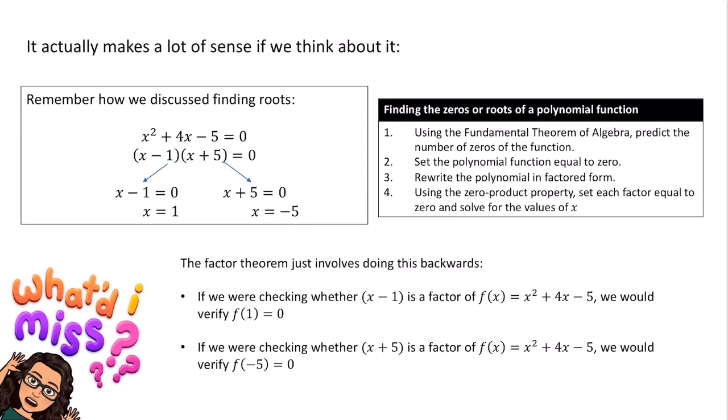Well, the factor theorem just does this in reverse. So if we wanted to check if x minus 1 is a factor, x minus 1 corresponds to x equals 1, right? So that's why we'd plug in f of 1 and make sure that equals 0. Similarly, if we're trying to check if x plus 5 is a factor, x plus 5 corresponds to the root x equals negative 5. So we just check that f of negative 5 equals 0.